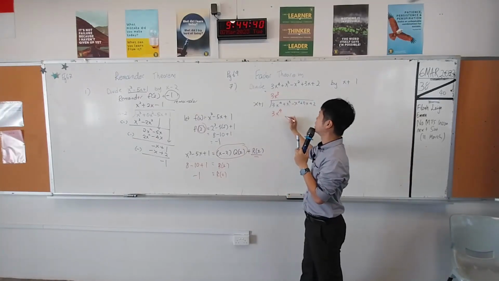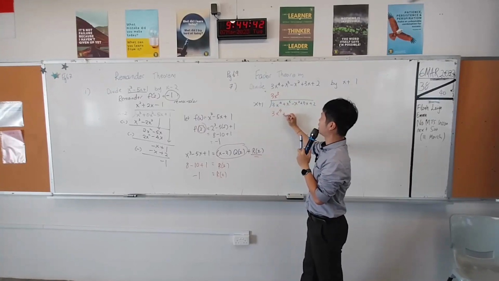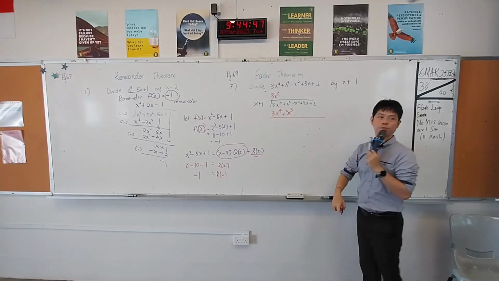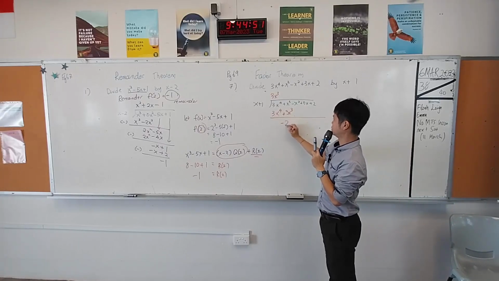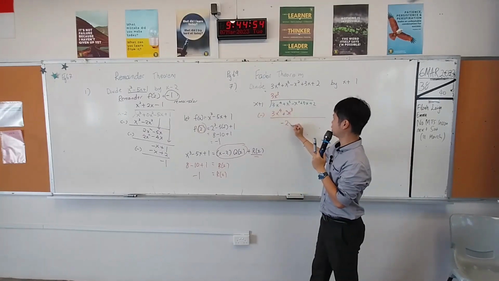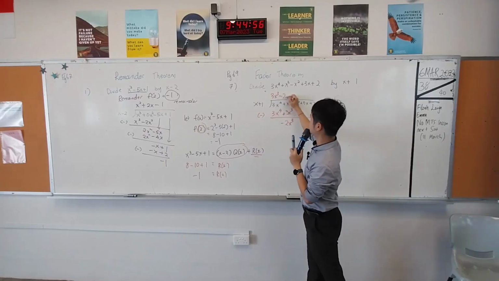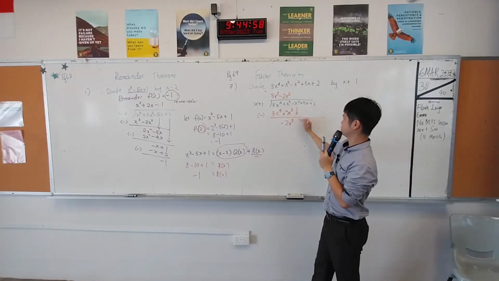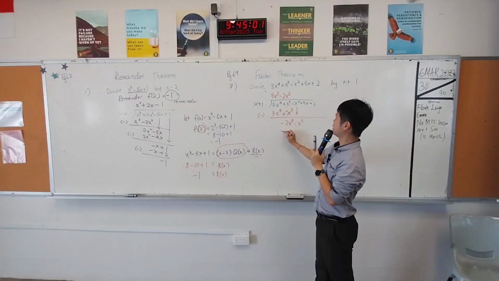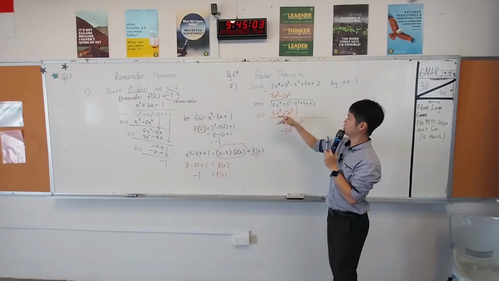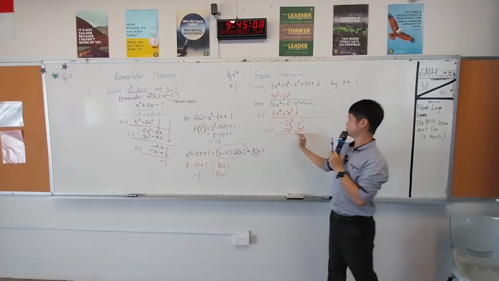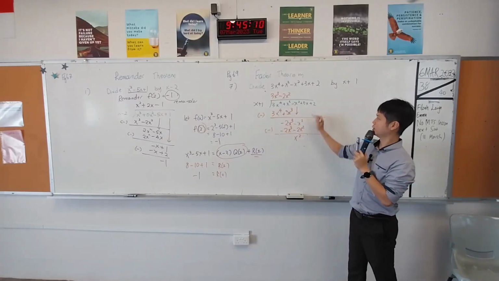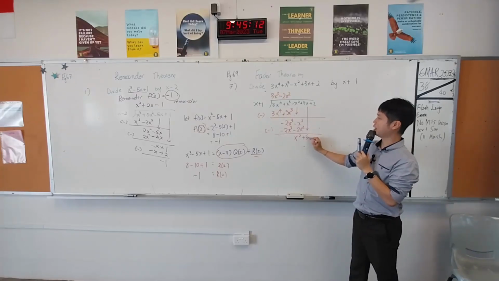This one, the long division, you are quite familiar with already. So I will plus 3x cubed. Then, because you minus this, I'll get minus 2x cubed. So I will minus 2x squared. Then I'll get minus 2x cubed again, minus 2x squared, minus once more, I'll get x squared, bring down plus 3x.